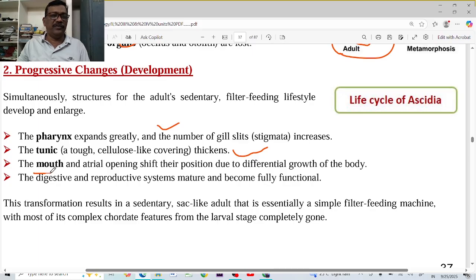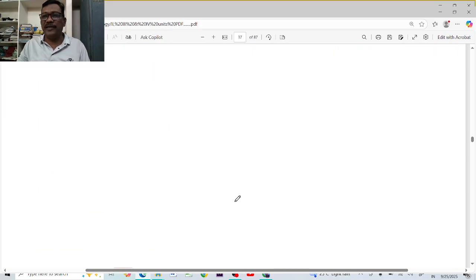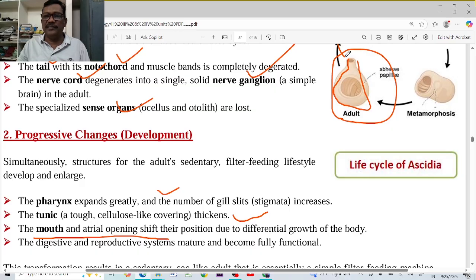And the mouth becomes wide. This is the mouth structure. The outgoing structure should be there like this. This is the mouth. The water current enters into the mouth. Here filter feeding takes place. Gill respiration also takes place, with exchange of oxygen and carbon dioxide.